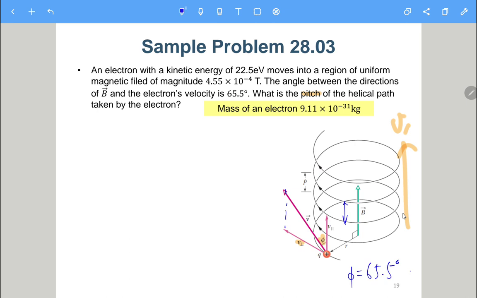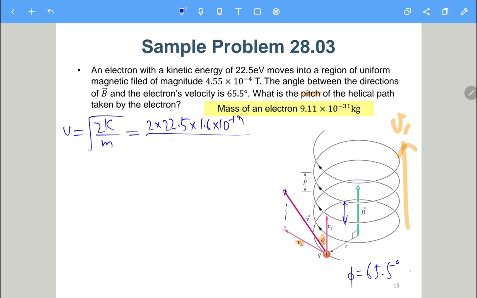First of all, we would like to find V, because you are only given the kinetic energy. So we use V equals the square root of 2K over m, because K is 1/2 mv squared. Here we have 2 times 22.5 times 1.6 times 10 to the minus 19, because this is in eV and you need to convert it back to joules, all over m.